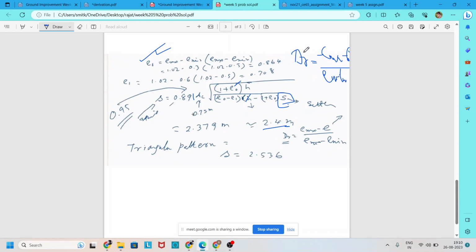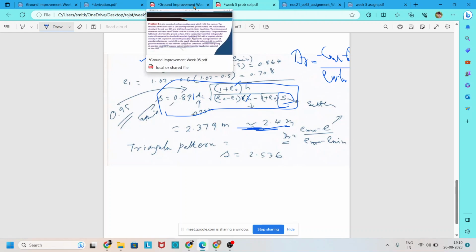We find out the E1 only, and if we put all the values in this equation, we easily find out our spacing for the square pattern. Remember, this formula is for the square pattern.